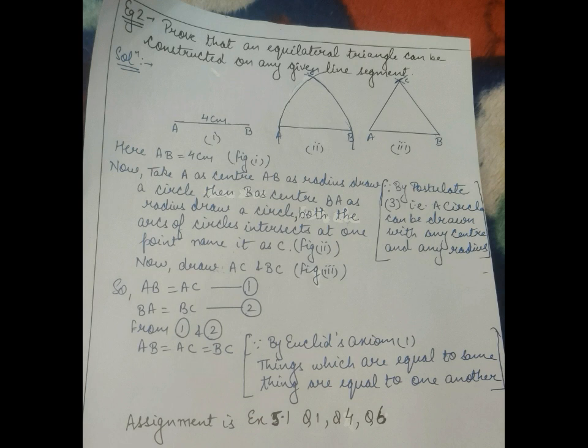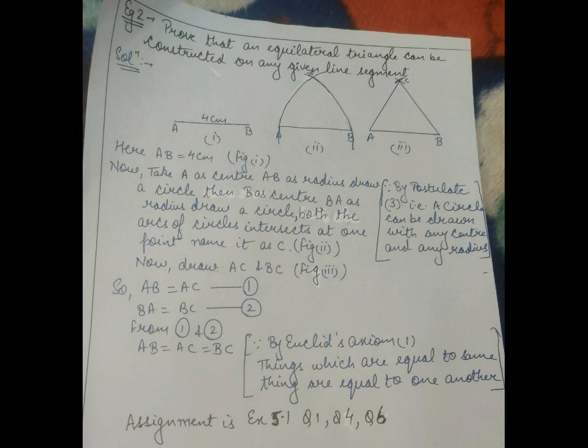Now we can see from these 3 figures that AB is equal to AC, because whatever arc I have marked through A, I have taken the length equal to AB. So AB equals AC, and name it equation number 1. Similarly from B also, we got BA equals BC, and name it equation number 2.